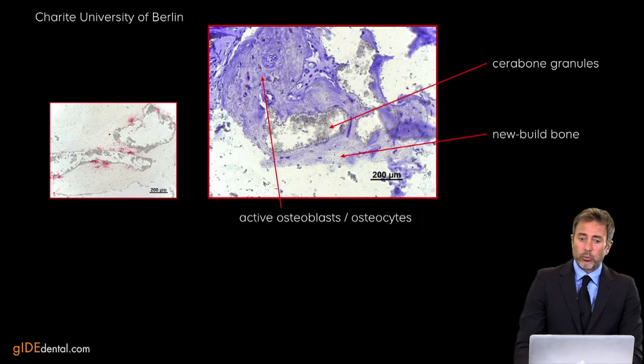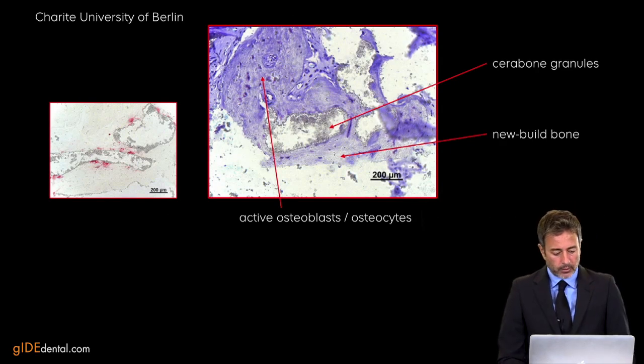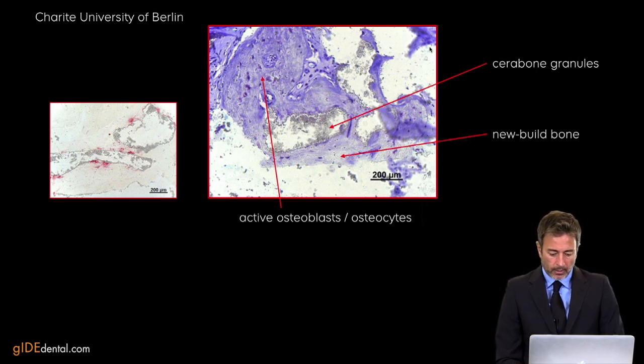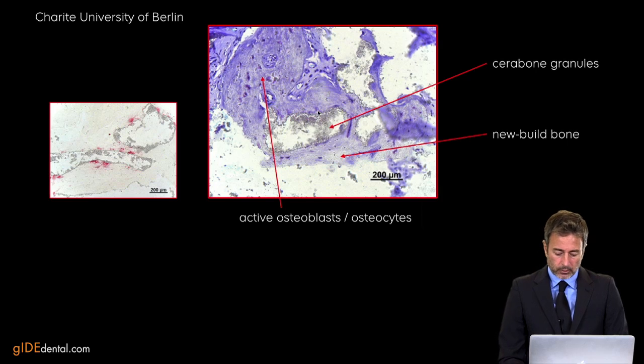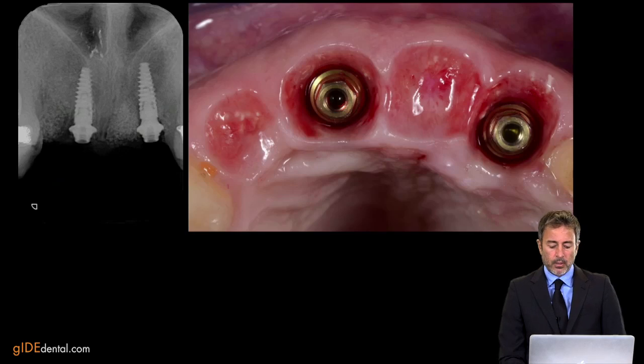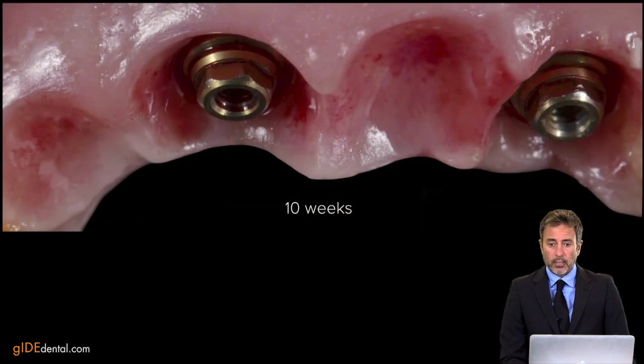So until now, here you can see a biopsy coming from the Charité University of Berlin, and we can see some active osteoblasts and some Cerabone granules around newly built bone, like you can see here. And this is about 10 weeks after implant placement and provisional placement.